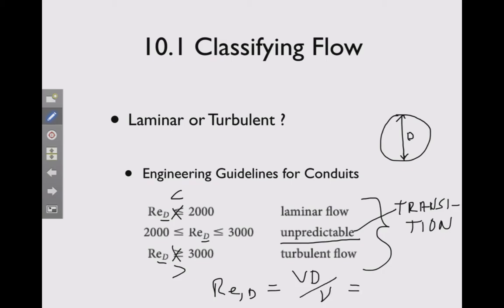There are a number of ways to write this. We can write this in terms of the kinematic viscosity, or the book also shows how to write it in terms of the volumetric flow rate and the mass flow rate, by plugging in Q equals VA and so forth. So there's a number of ways to write this, but it does depend on D.